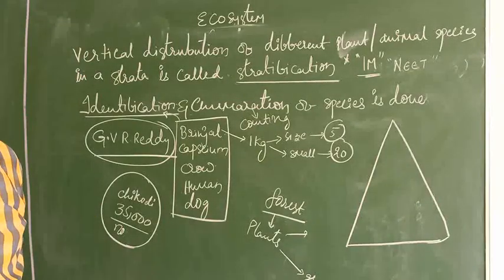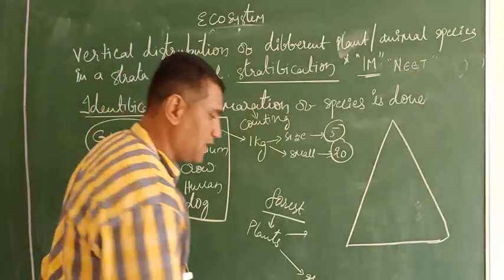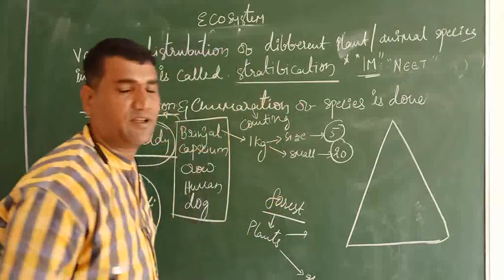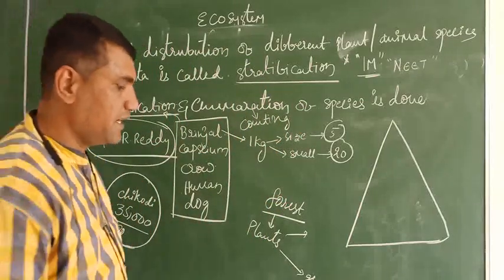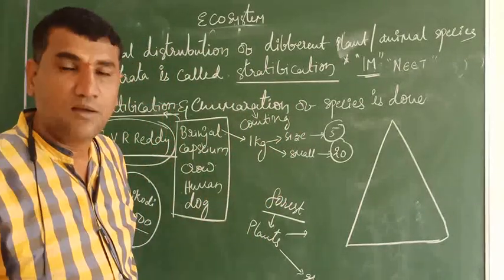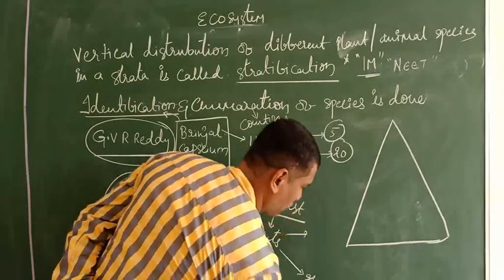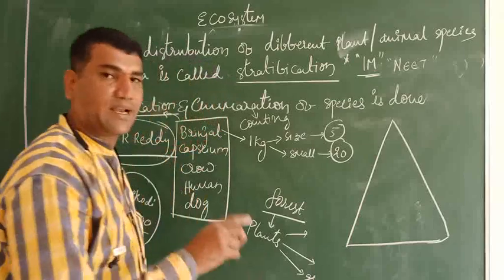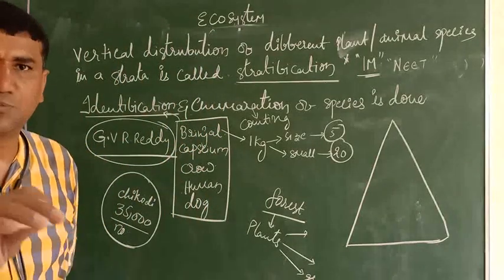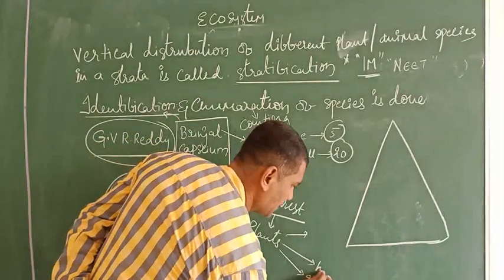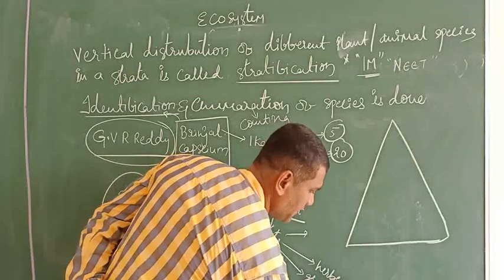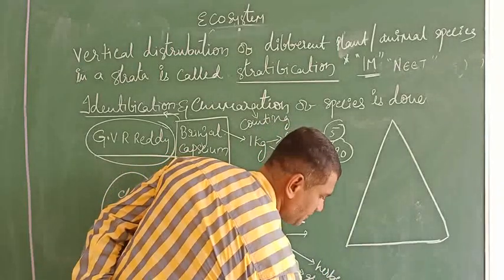Obviously it will be around lakhs to crores, so assume 1 crore. Next to the grass, herbs, small plants, will be in lakhs.